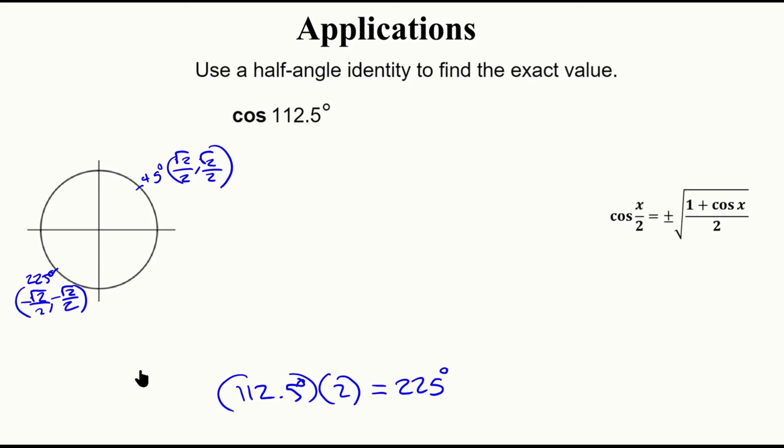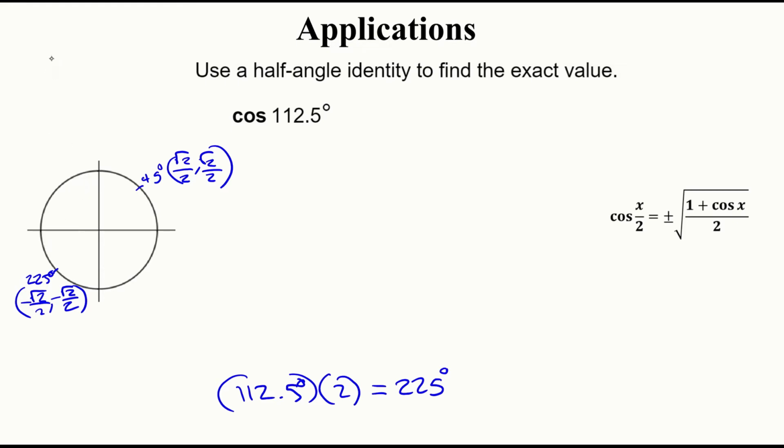So we also need to know where 112.5 itself falls, because when we use this formula, that's going to depend on the value of x over 2, which here is 112.5. We know 112.5 itself is going to be somewhere in the second quadrant, because from here to here is 90 and here is 180, so it's somewhere in this region.